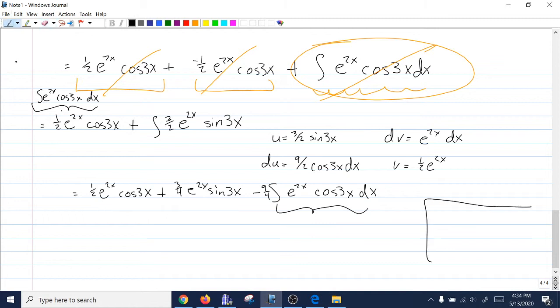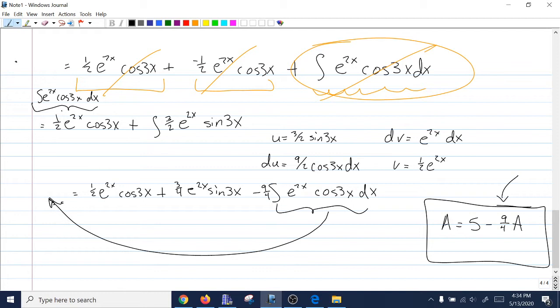When you learn that something equals 5 minus 9/4 of itself, this is an equation about A that you can solve. We're going to do this goofy, ridiculous thing where I move the original integral to the other side of the equation and combine like terms, and I can solve for the integral. When I learn a fact about the integral in terms of the integral, as long as that fact isn't completely useless, like it equals itself, I can turn that into an equation that I solve for the integral.